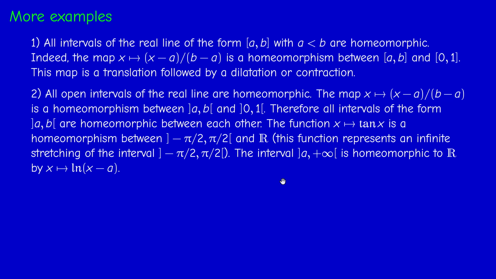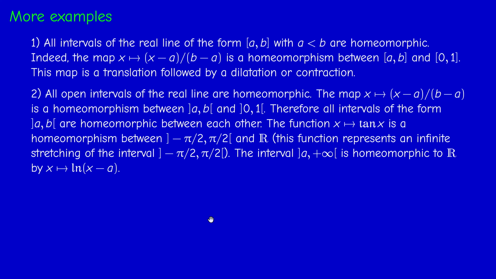Now any semi-bounded interval (a, +infinity) is also homeomorphic to R by the function ln(x - a). In particular, if you put a equals 0, you get ln x. So ln x is a homeomorphism. We didn't say that, but you understand that ln x is a homeomorphism between the open interval (0, infinity) and R, and its inverse is just the exponential.